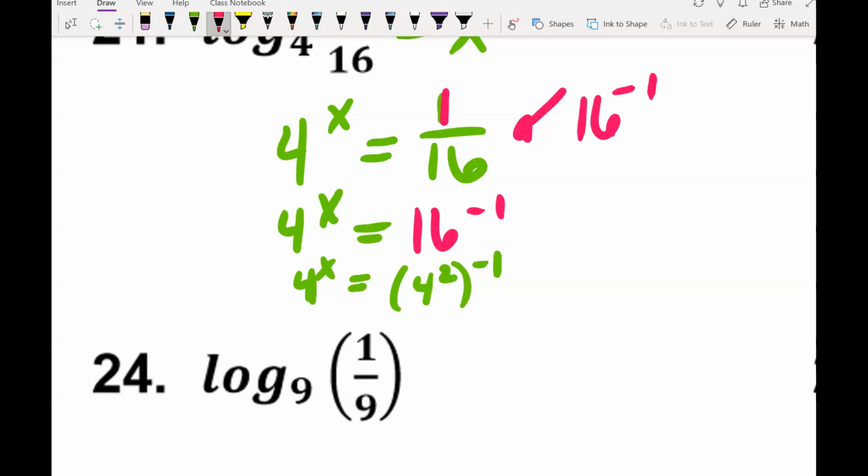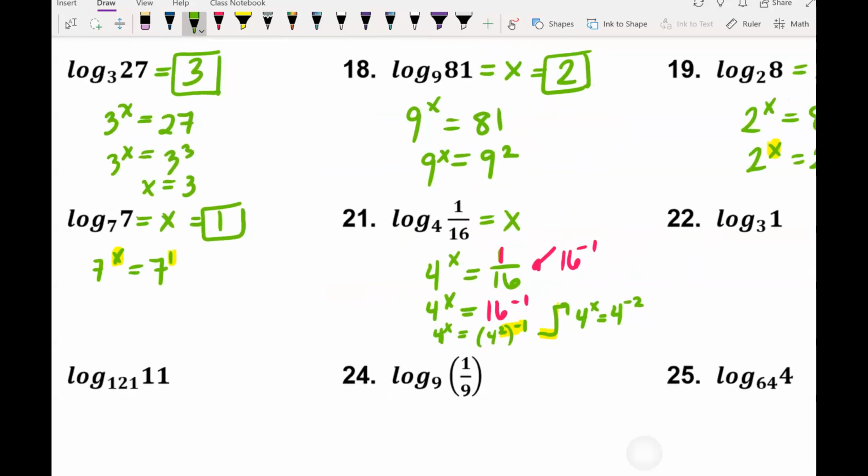And now when you raise an exponent to an exponent, you multiply. So really what I'm going to have here is 4 to the x is equal to 4 to the 2 times negative 1, which is negative 2. So this is actually negative 2.